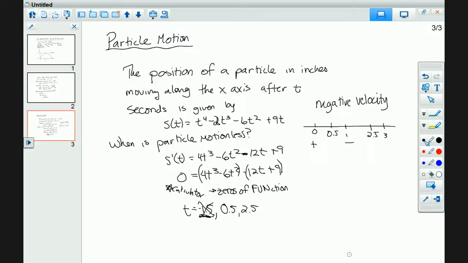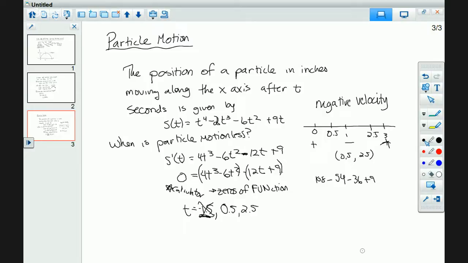Pretty close. Twenty-seven times 4 is 108. 3 squared is 9 times 6 is 54. That's positive. So velocity is negative from 0.5, or positive on the other.